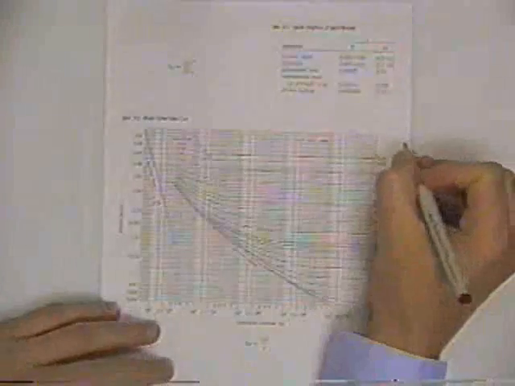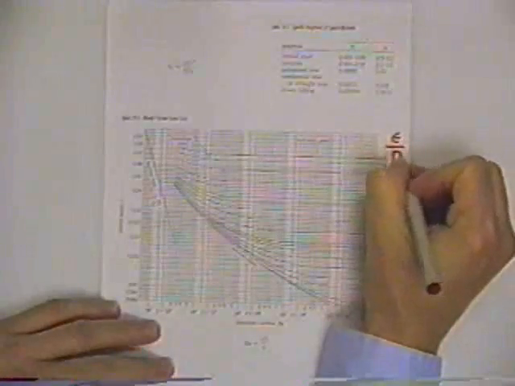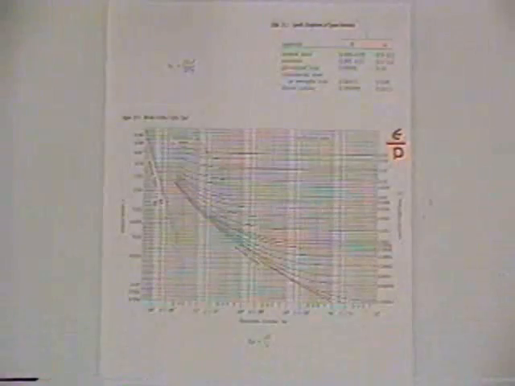So what's going to really count is the relative roughness, which is the absolute roughness of the roughnesses on the inside of the pipe divided by the diameter. And so on this scale of the Moody diagram, we've got the absolute roughness divided by the diameter of the pipe. Friction factor is going to depend upon the characteristic of the pipe.